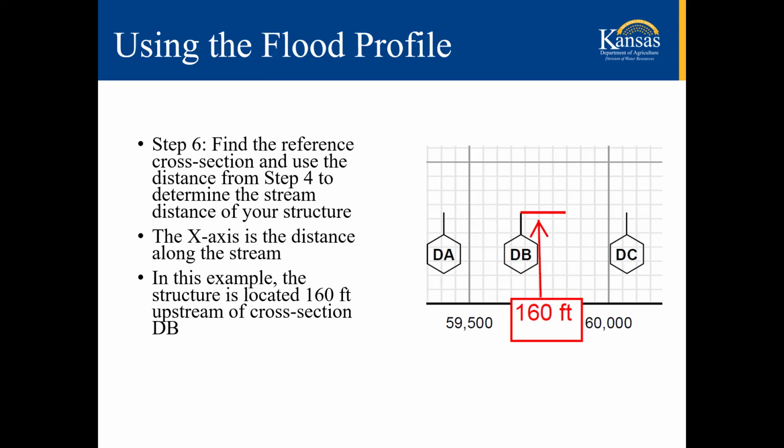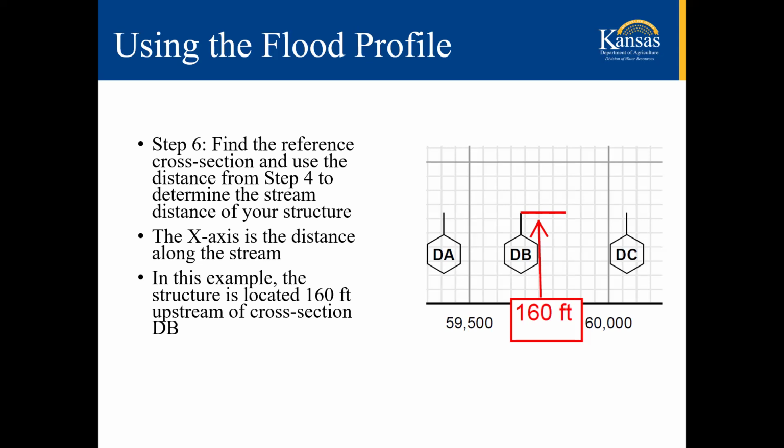Some of them may have different intervals between these larger boxes, but basically it shows you the distance along the stream and where the cross sections are located. So whatever that distance is that you measured, measure it on the flood profile, and then mark that point.